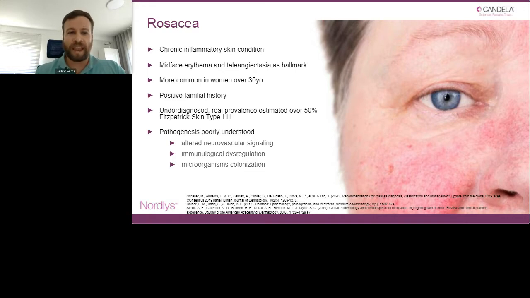So it's estimated that on low Fitzpatrick, the prevalence might be over 50%.